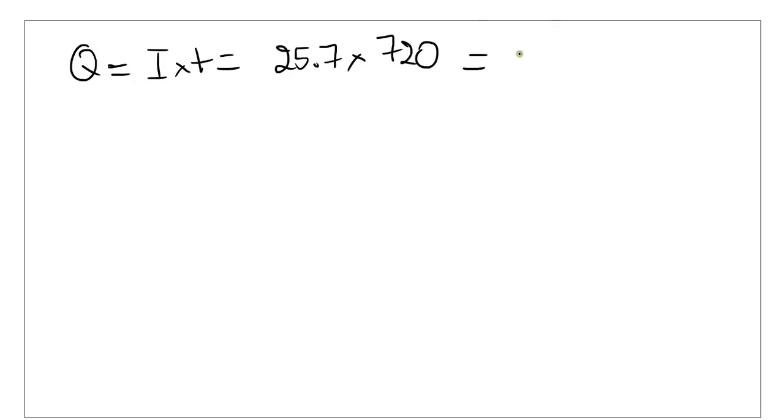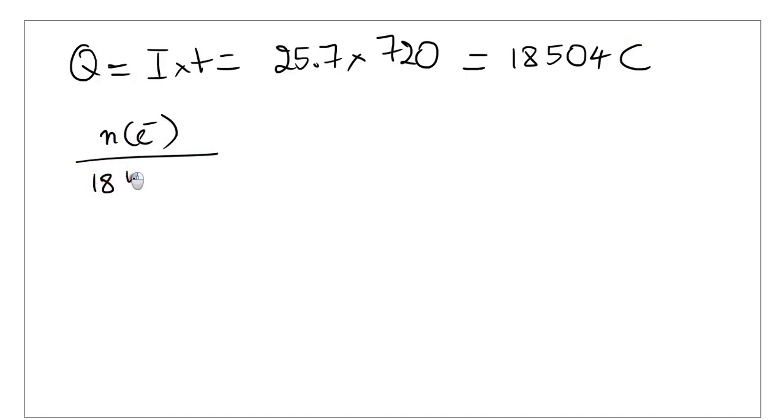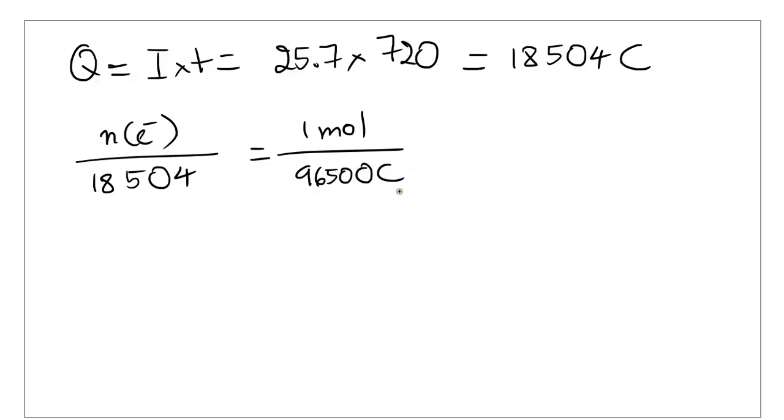Okay, 18,504 coulombs. And then we need to find the number of mole of electrons. So number of mole of electrons over 18,504 coulombs is equivalent to 1 mole for every 96,500 coulombs.